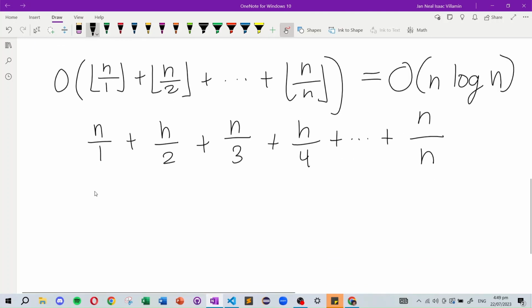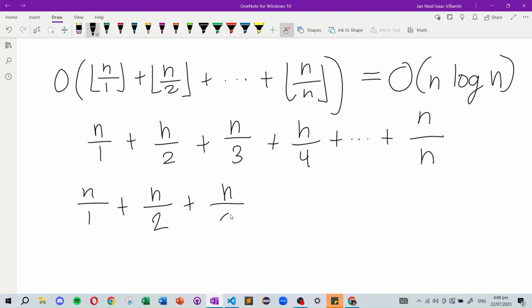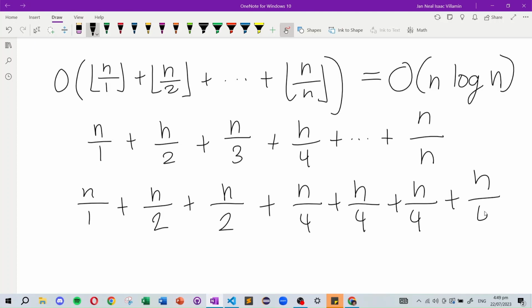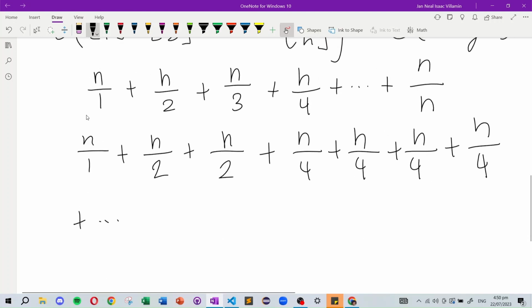Consider the series n over 1 plus n over 2 plus n over 2 plus n over 4 plus n over 4 plus n over 4 plus n over 4, and so on, up to log base 2 of n.